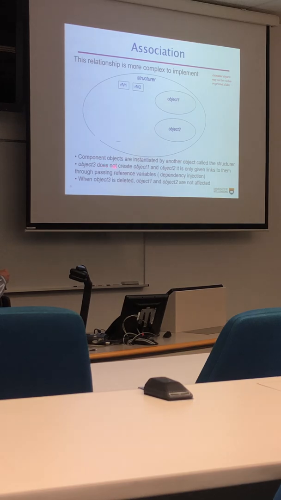And object 3 does not create object 1 and object 2. It is only given a link to them. You just tell them the address so that they can access object 1 and object 2. It is only given a link to them through passing the reference variable, dependency injection. So when object 3 is deleted, object 1 and object 2 are not affected.